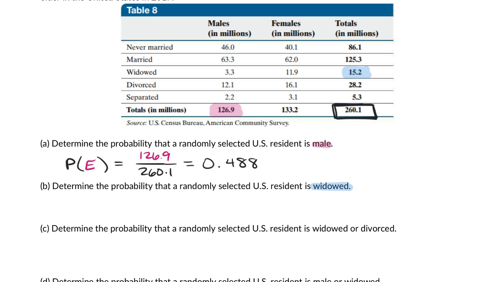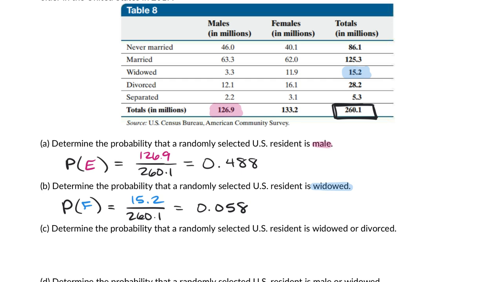So if we were looking for that probability, the probability of, let's say, F, being widowed would just be that 15.2 over the total number in the survey. And if you trust my math, that's 0.058. That's just regular probability, right?